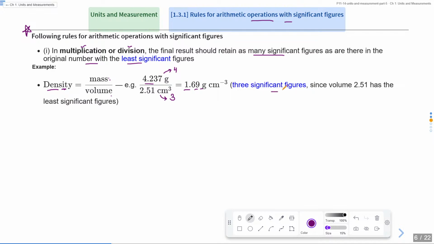Okay, so 3 significant figures. Since volume 2.51 has the least significant figures, we should keep that same number of significant figures in the result. Similarly, speed of light is given as 3.00. How many significant figures?